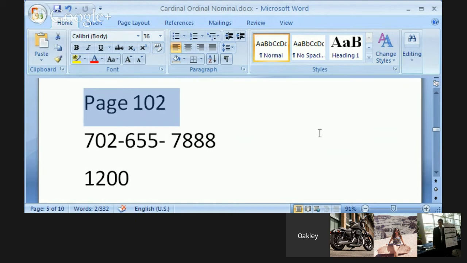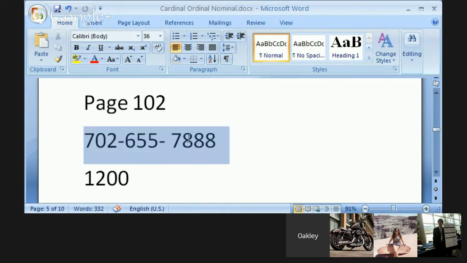Again, very often when English speakers say zeros, especially when we're trying to give an address, a phone number, a page number, something of that nature, we say O instead of zero. So, Carolina, how would you say this phone number?